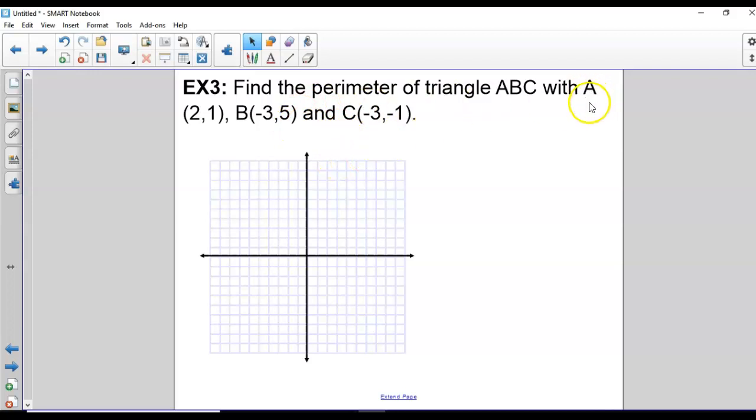Okay, so we need to graph those points, A, B, and C. So A is at 2, 1. It'll be right here. B is at -3, 5. And C is at -3, -1.